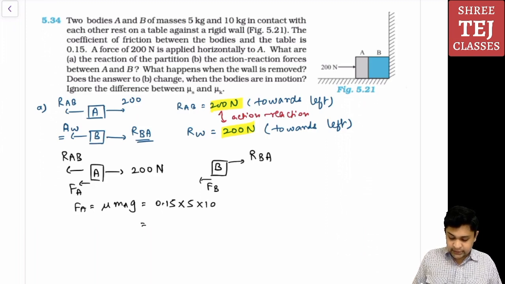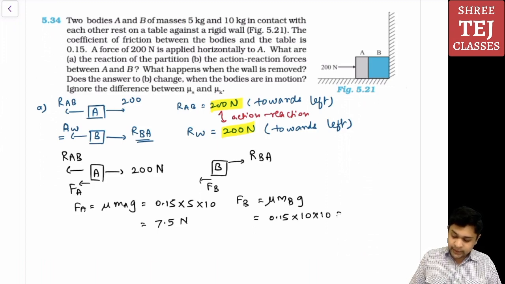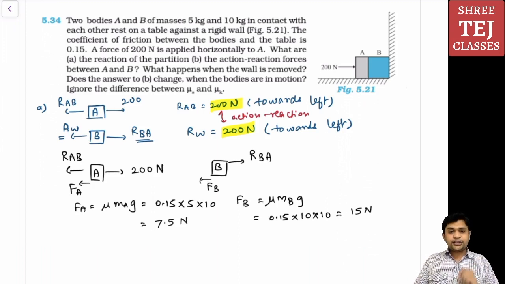So it would be 7.5 Newton, and FB would be mu MB into G, so this would be 0.15 into 10 into 10, so that would be 15 Newton. So these would be the frictional forces.